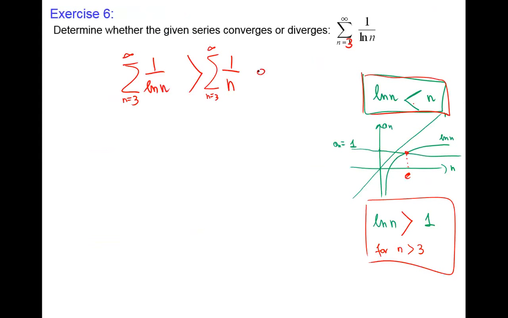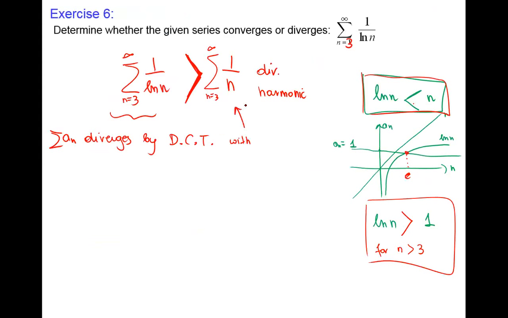And we know that this one is divergent, harmonic. Then everything that is bigger is also divergent. My original series a sub n diverges by the direct comparison test, and we are comparing with 1 over n. But again, those are hints for you: you may try to put n or 1 instead of ln of n, or you can try different things. You can really try almost everything.